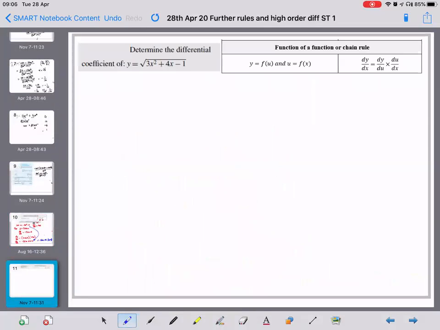It says determine the differential coefficient of y is equal to the square root of 3x squared plus 4x minus 1. What do you think we need to do here, guys? Anyone got any ideas? Get it out of the square root.